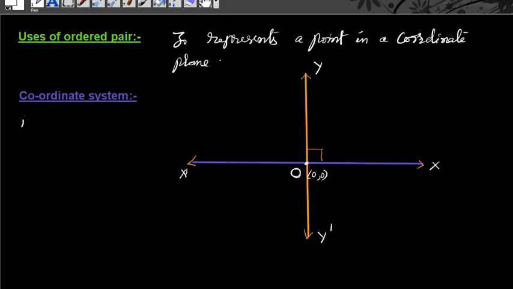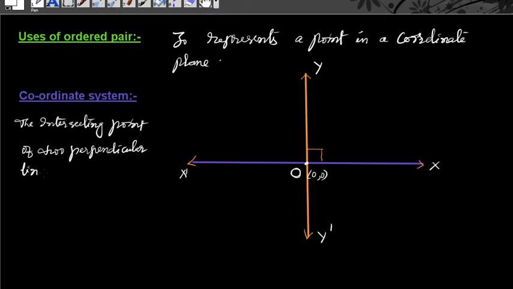What is the origin here? The intersecting point of two perpendicular lines is called the origin.